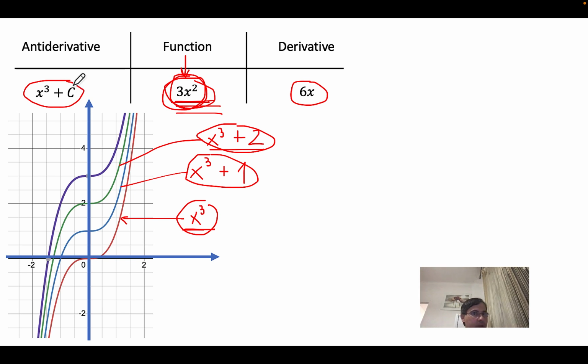What this constant c is really responsible for in this formula is essentially shifting this function up and down. If c is positive, you shift x cubed c units up, and if c is negative, then you lower this function.